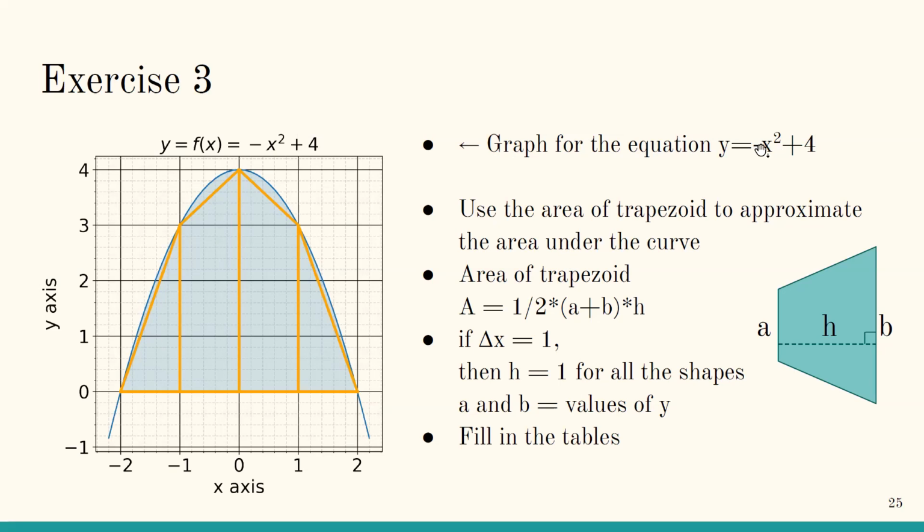So this is a graph for the equation, and you are given the equation to calculate the area for each of them, for each of the shapes in here. So the area or the trapezoid area equals to A plus B times H. So H is the delta X, right? Delta X is 1 divided by 2. Okay, if delta X is 1, which means H is 1 in your equation for all the shapes.